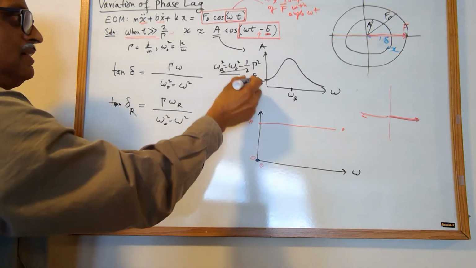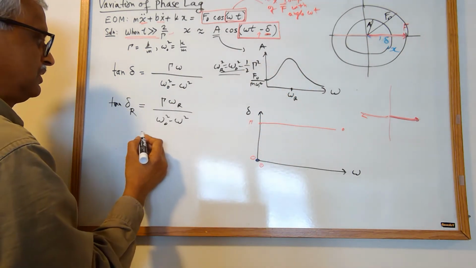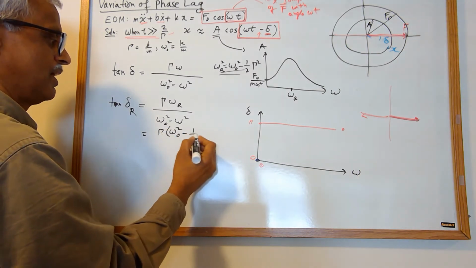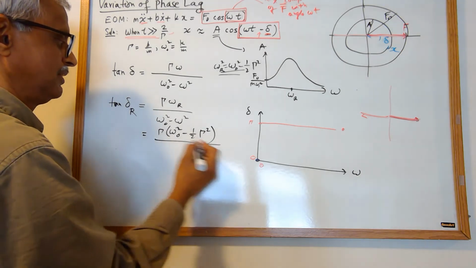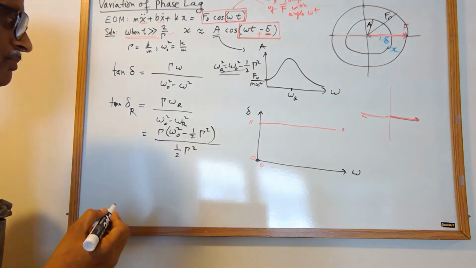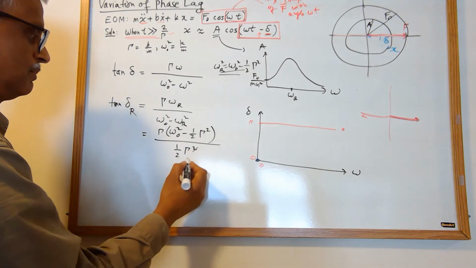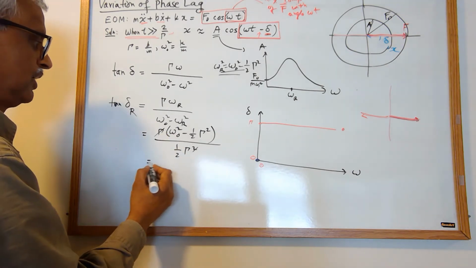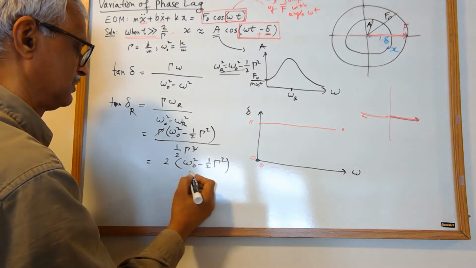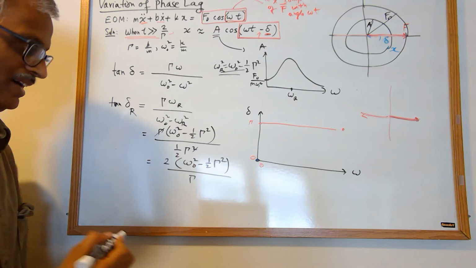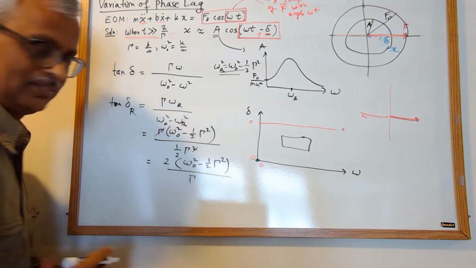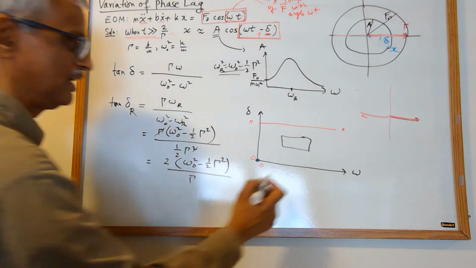That you get by analyzing that graph. So this is gamma omega 0 square minus half gamma square, and then the denominator is going to be half gamma square. So I take a gamma, cancel that out. So I have 2 omega 0 square minus half gamma square over gamma. Kind of complicated. It's going to be somewhere here, but in a complicated way. A point when omega is omega r.